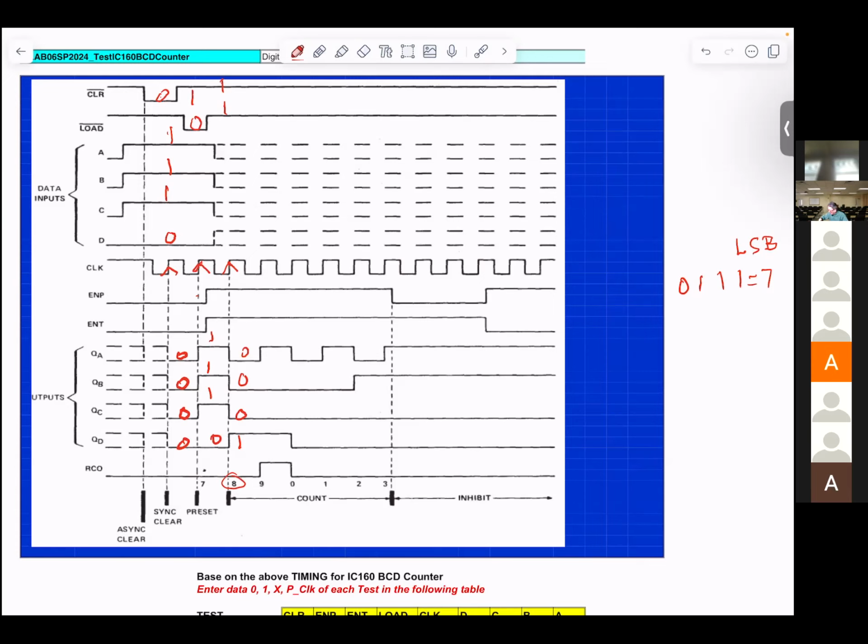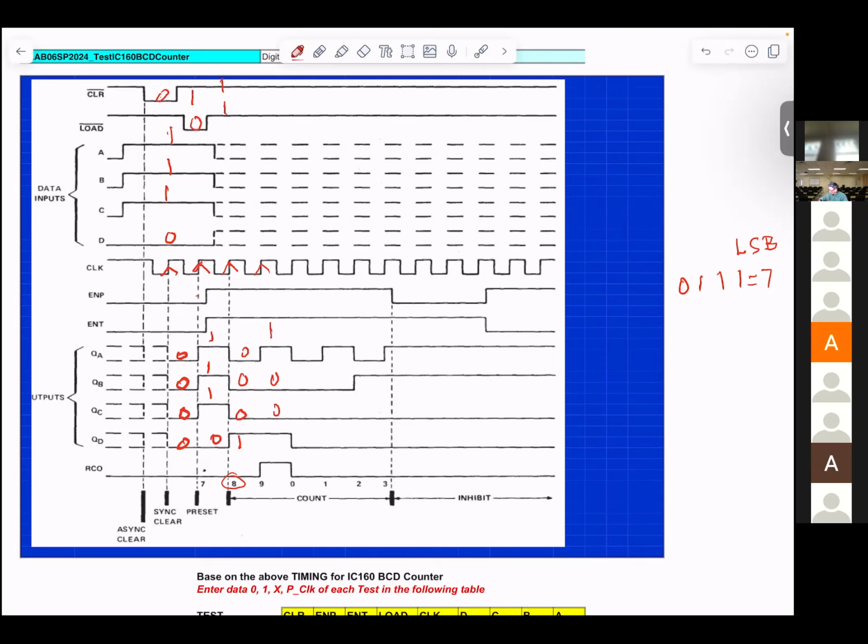Okay? And now you apply the next clock. Then the output will be 1, 0, 0, 1. Number 9. Okay? And now you keep applying the clock.